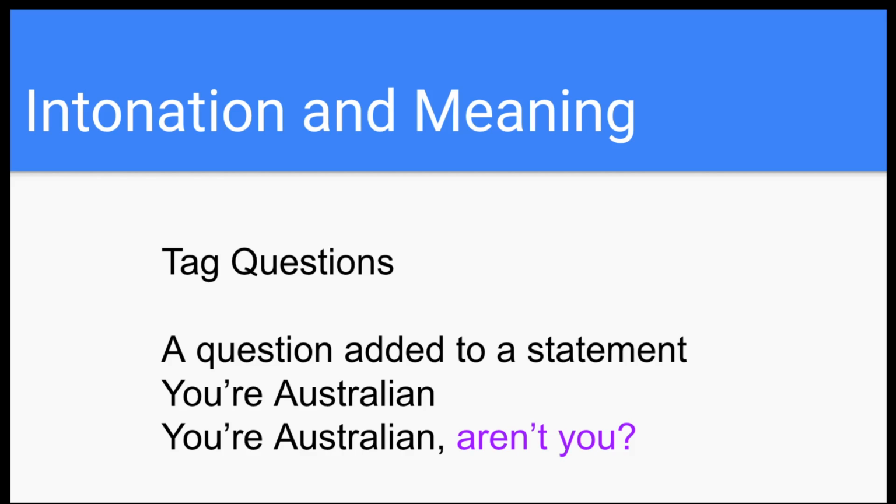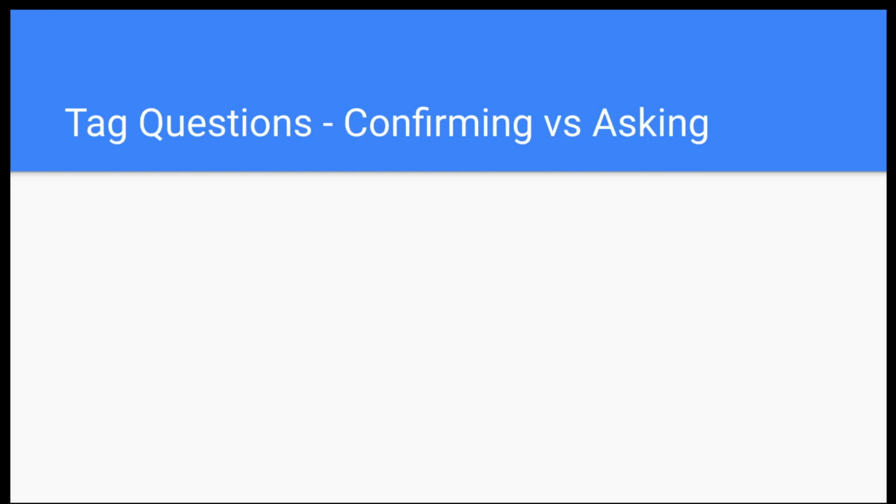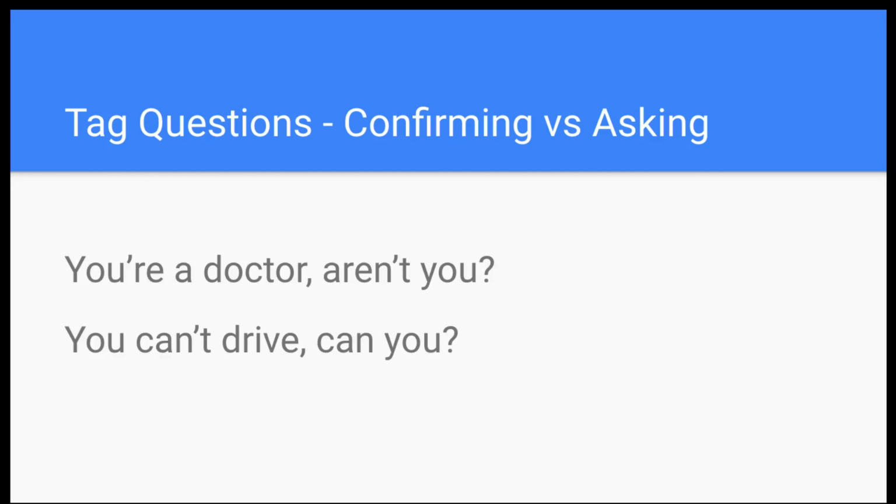Now, sometimes with tag questions, they have different reasons, different purposes. A tag question can be confirming information, or it can be asking for information. So for example, you're a doctor, aren't you? You can drive. You can't drive, can you?